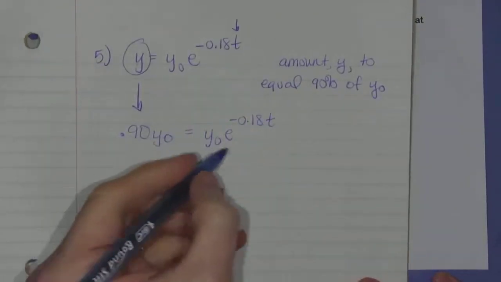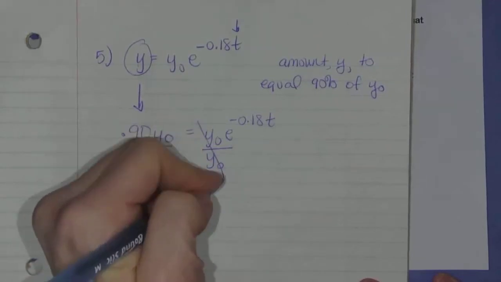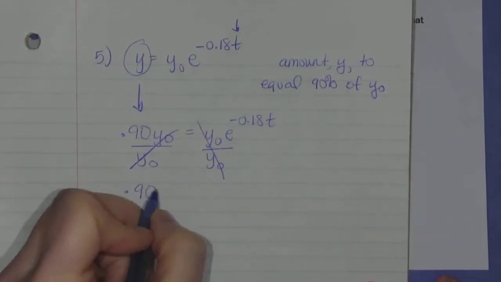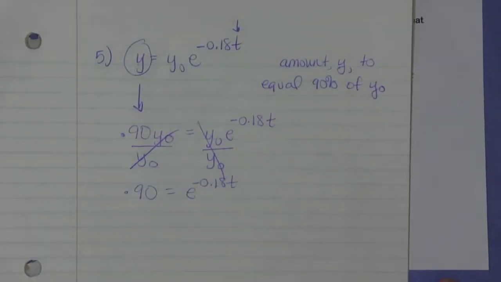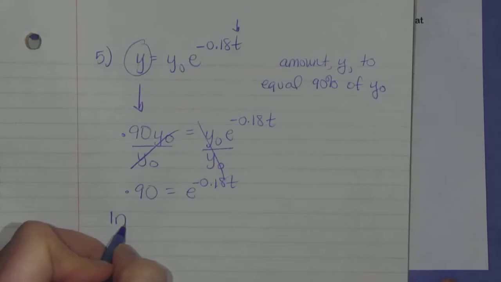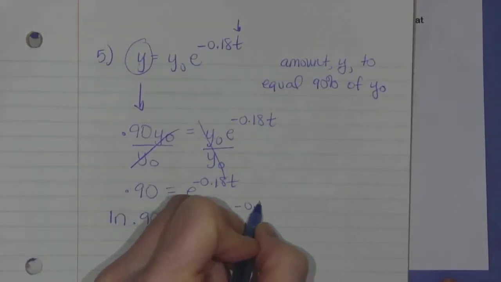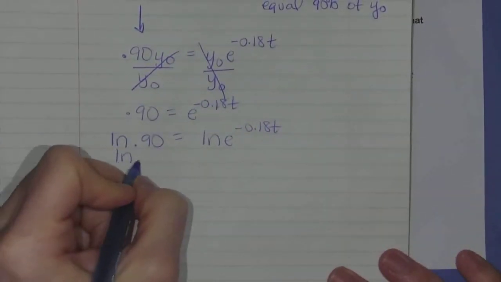So in doing so, you'll start by dividing both sides by y sub 0, which nicely will cancel that out completely. So 0.90 equals e to the negative 0.18t. I'll take the natural log of both sides, followed by bringing down the exponent to the front.